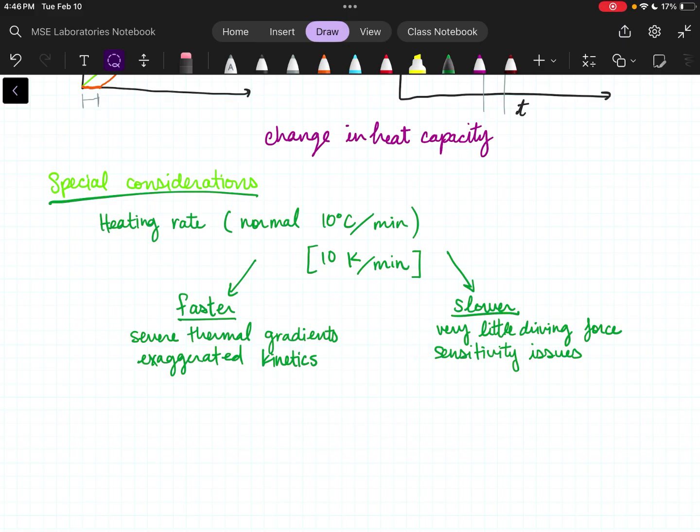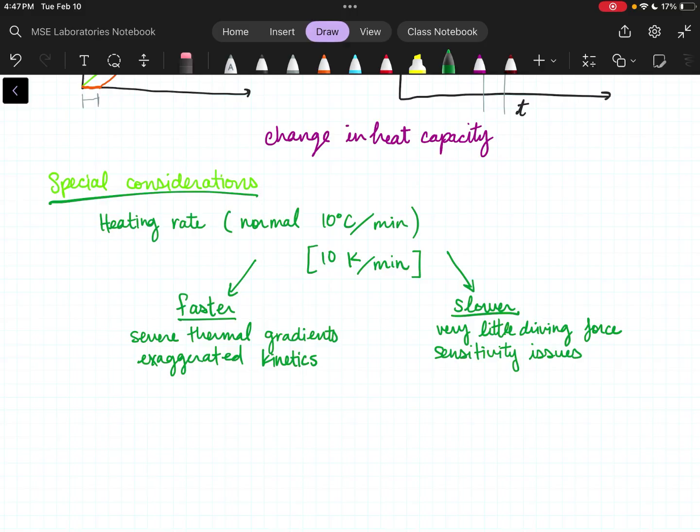Reactions are happening fast enough that I don't have sensitivity issues, but not so fast that one part has finished reacting and the other part is still frozen, like sublimation, which is going from solid to gas really rapidly. And with the kinetics, it's not going to appear as though the ice is melting at a much higher temperature than expected. So 10 degrees per minute kind of balances those things out.